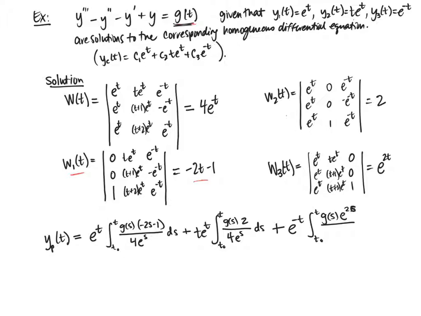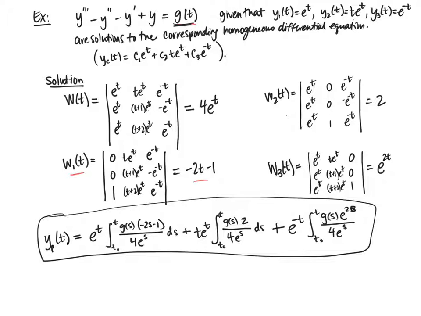Okay, that's an s right there. And then over w of s, which is 4e to the s. Okay, so that is the particular solution.